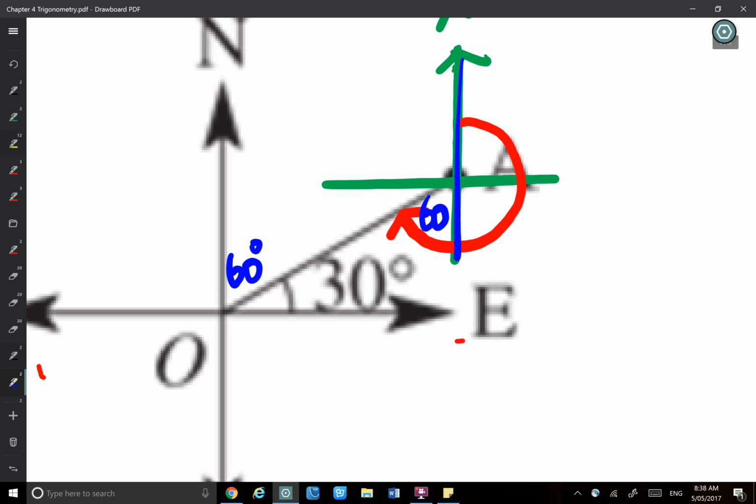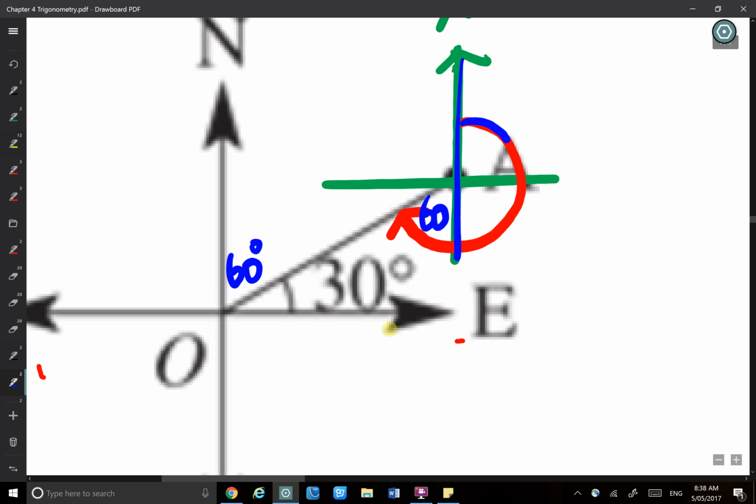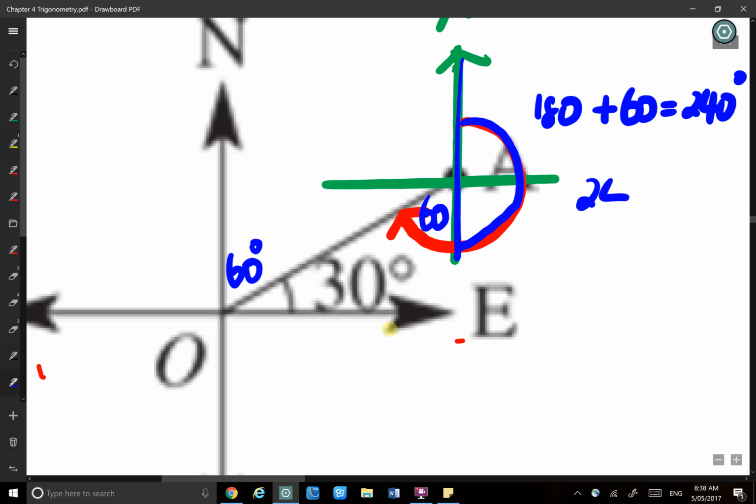So that is 60. Then from here to here is 180. So 180 plus 60 equals 240 degrees. So the bearing will be 240 degrees true.